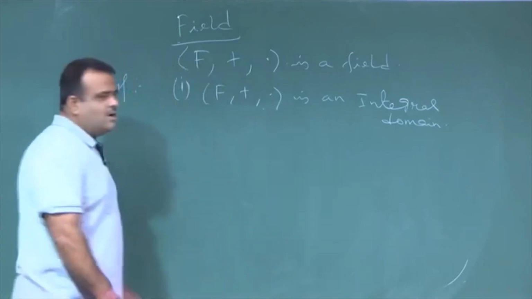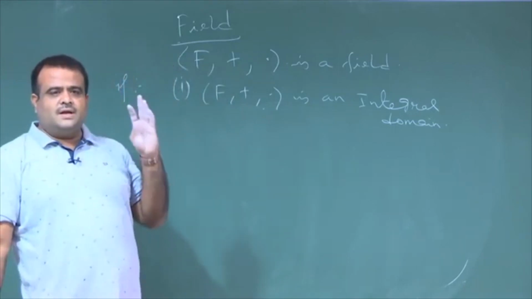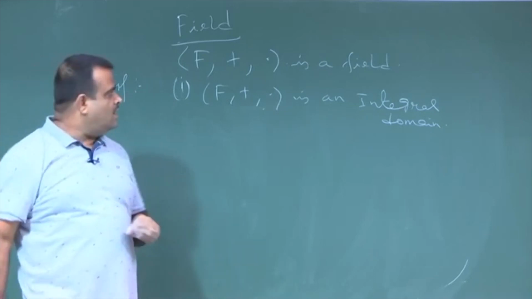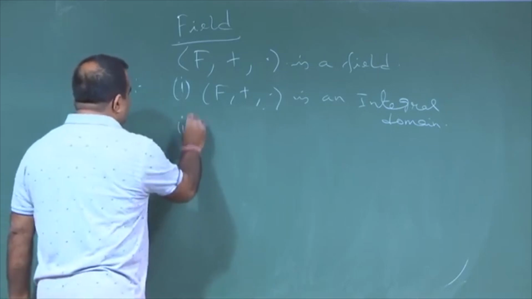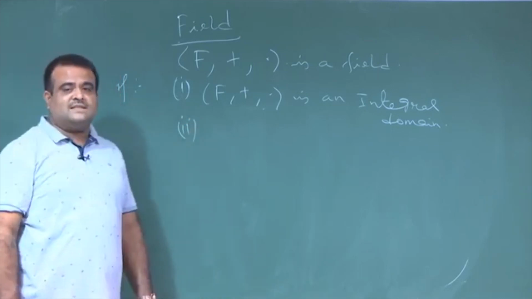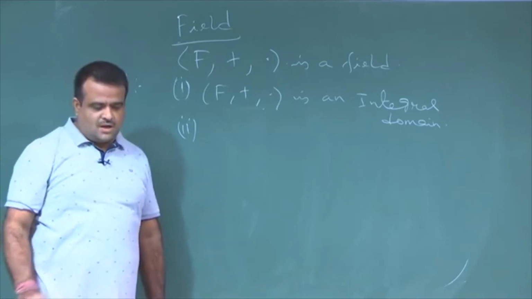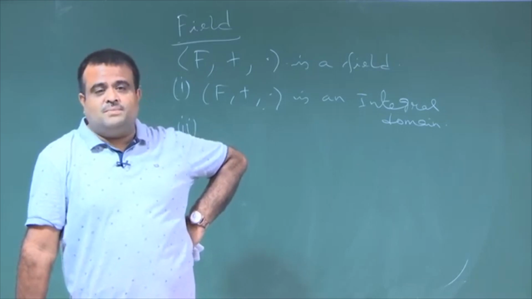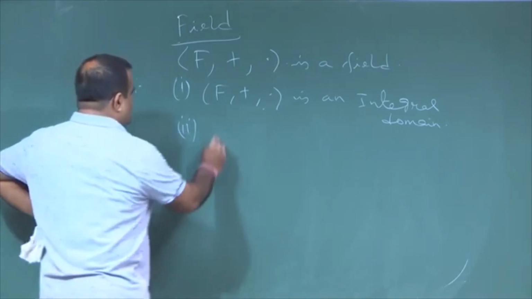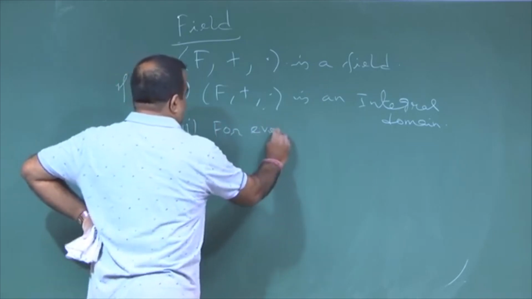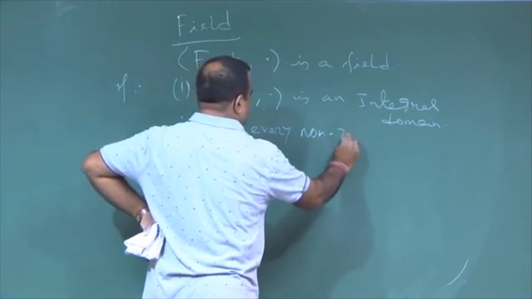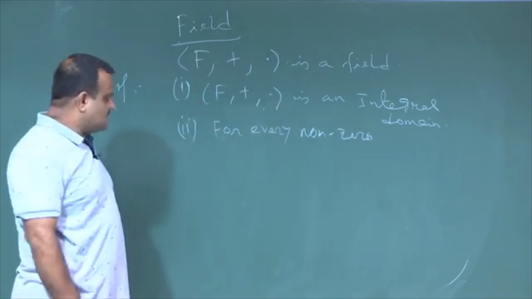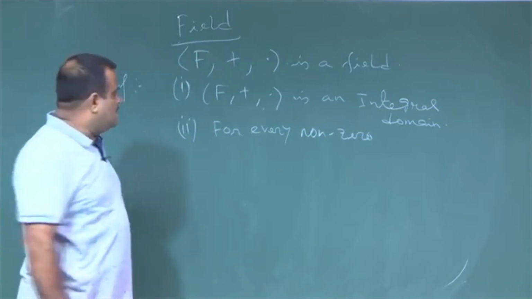Okay. So, integral domain means what are the properties we have? It is a commutative ring with unity and no divisor of 0. And along with that, each non-zero element has a multiplicative inverse, where 0 is the additive identity, the identity of the plus of this set.